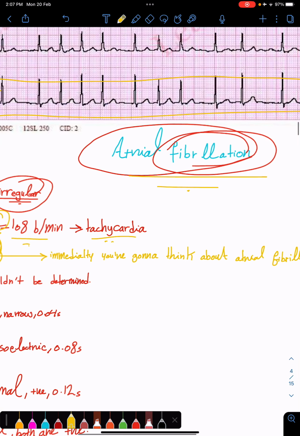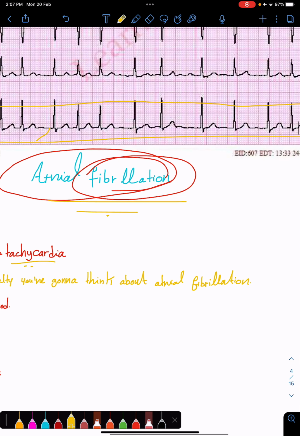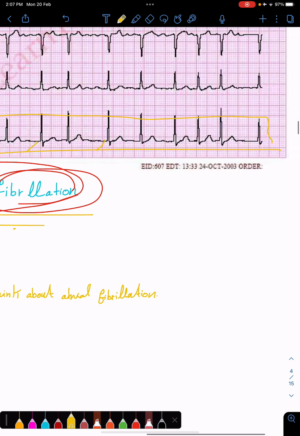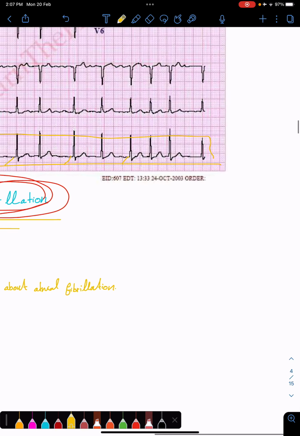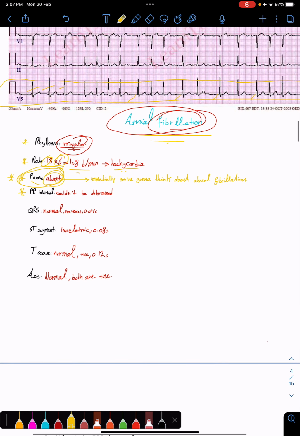As you can notice here, there's no P wave, no P wave, no P wave. So there's a problem in the atrium, which is atrial fibrillation.